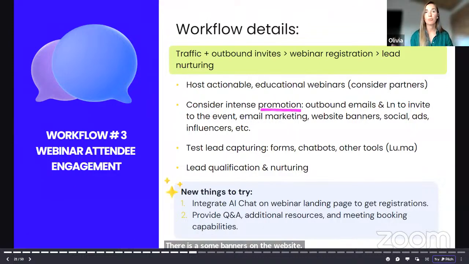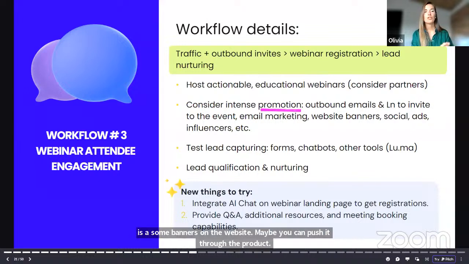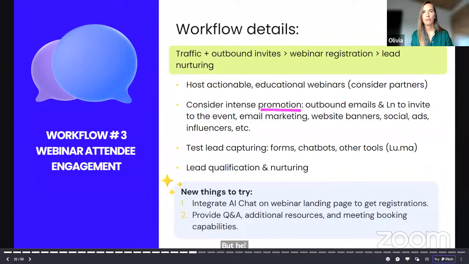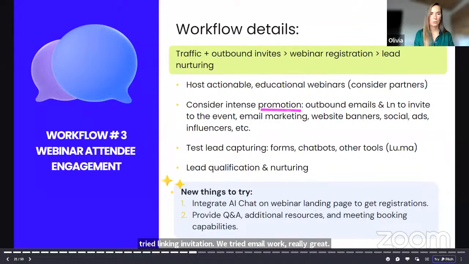Maybe you can push it through the products. But I also advise using outbound for invites. And this is where outbound again helps us to promote content. We tried LinkedIn invitations, we tried email invitations. Both of them work really great. Then we have webinar registration and lead nurturing afterwards.